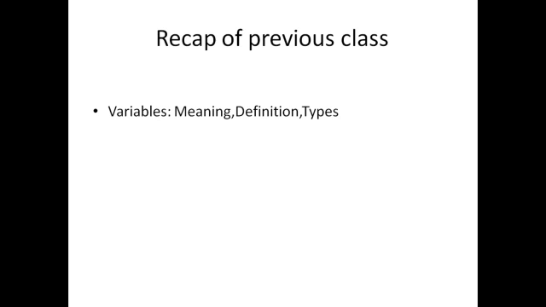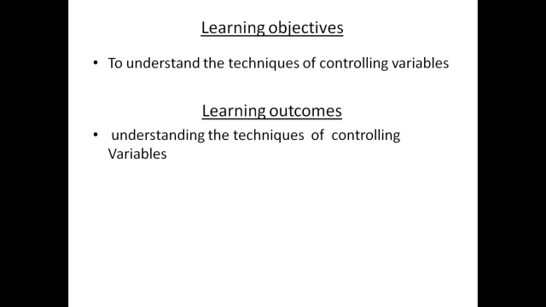Just to give a recap of the previous class, we have already discussed variables, that is, their meaning, definition and types. In this session, the learning objective is to understand the techniques of controlling variables.